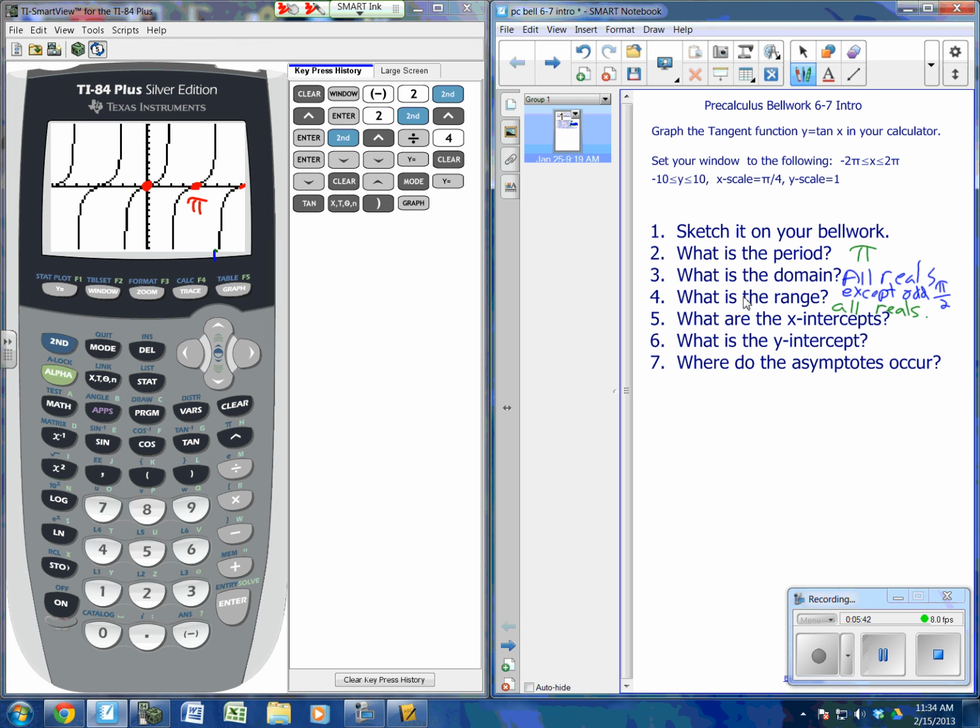Pi. It crosses right here. Where's that? 2 pi. It crosses right here. Where's that? -pi. Okay, what do you think? Is it going to cross at 3 pi? So it crosses at multiples of pi. So we would say all pi's. I would just write multiples of pi.